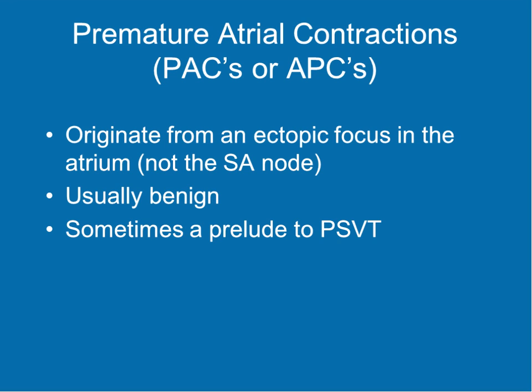So somewhere in the atria, a group of cells have decided that they want to get involved in the ability to generate an impulse, that automaticity thing. Usually, PACs are benign. Sometimes they happen just before someone goes into a paroxysmal supraventricular tachycardia.